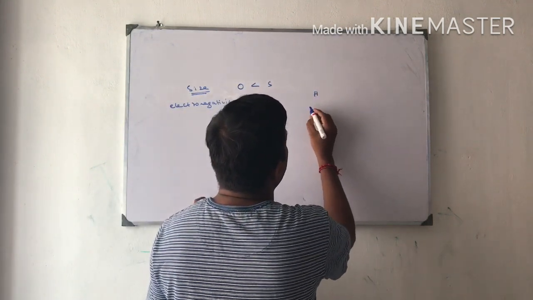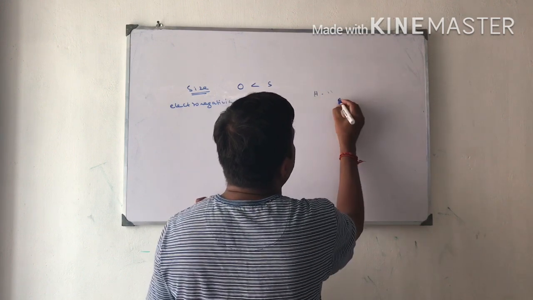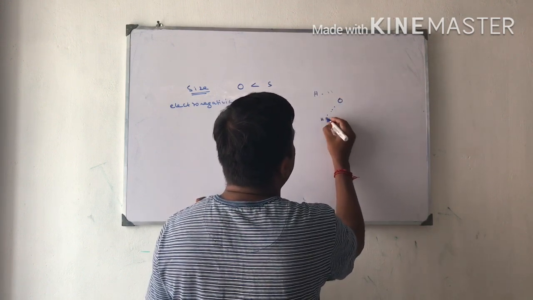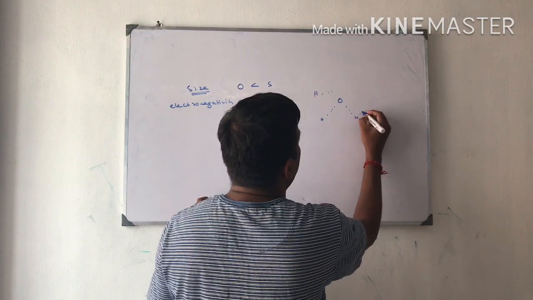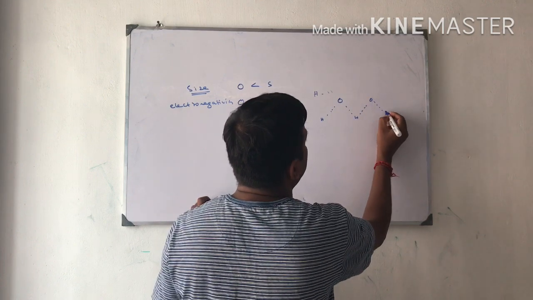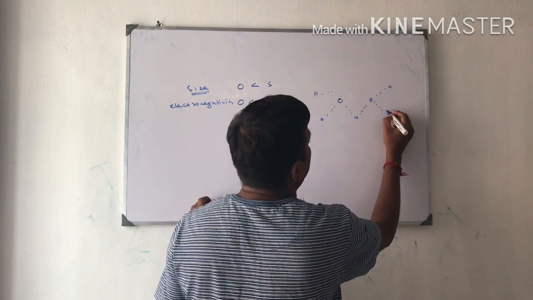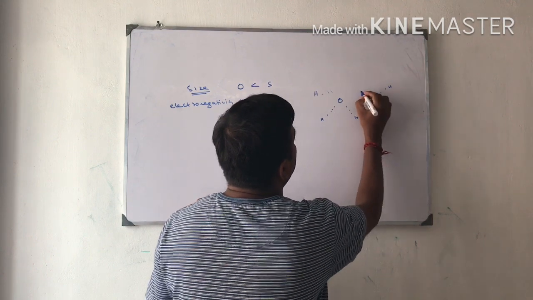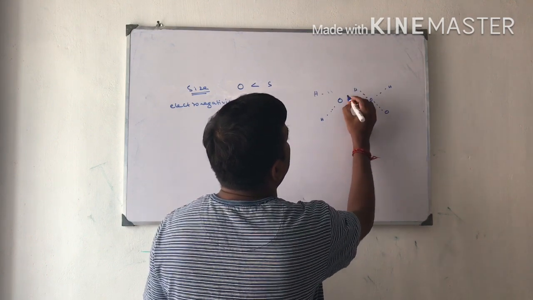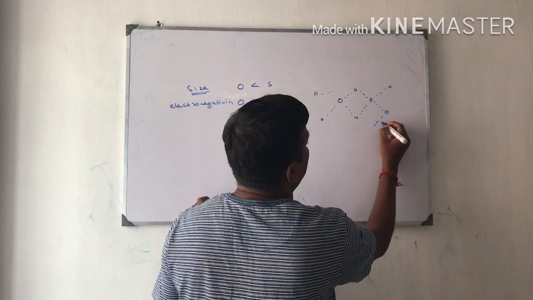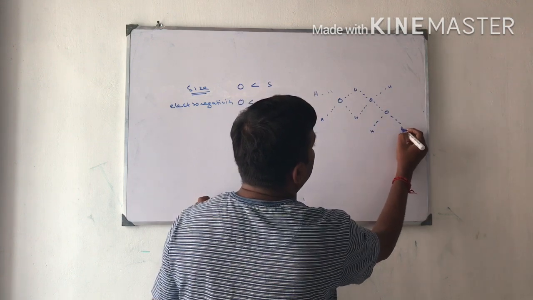Take H2O: the molecule has a bent shape. Hydrogen is linked with one more oxygen, one more hydrogen, and so on, so it is all linking like this.